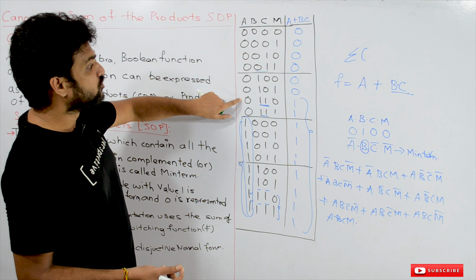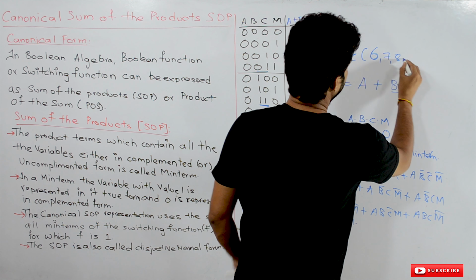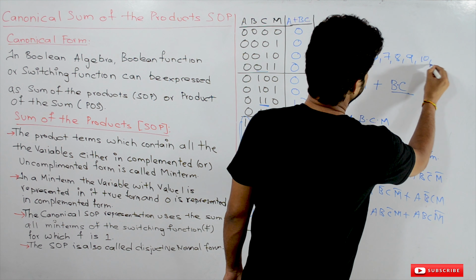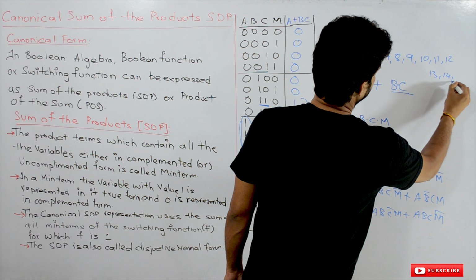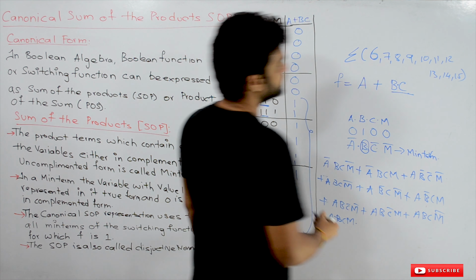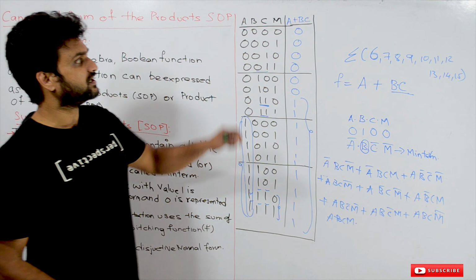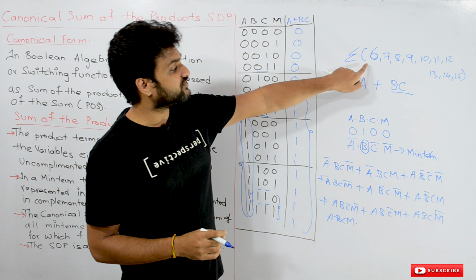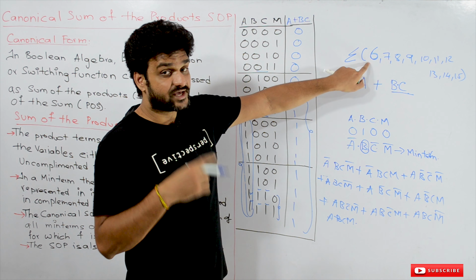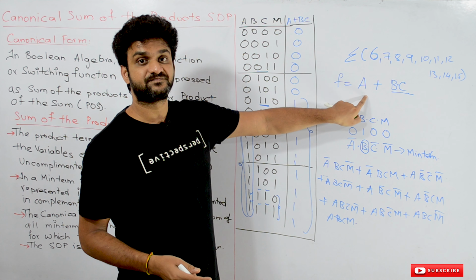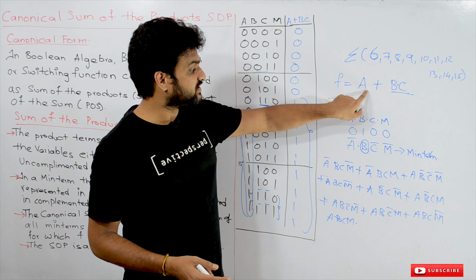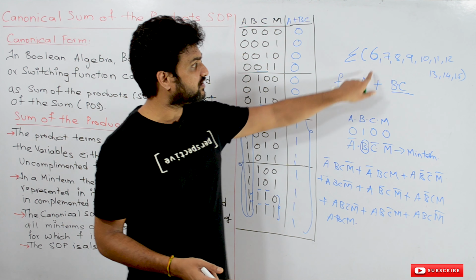So it is represented as 6, 7, 8, 9, 10, 11, 12, 13, 14, 15. So this is also a canonical representation, one of the kinds of canonical SOP of this switching function. So this switching function can be represented either this way or this way.